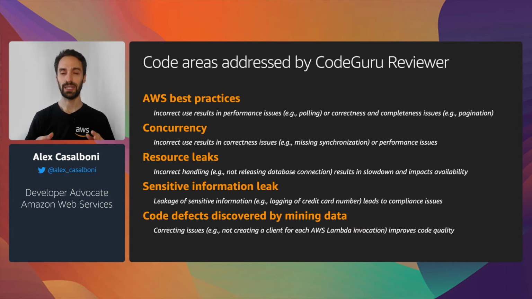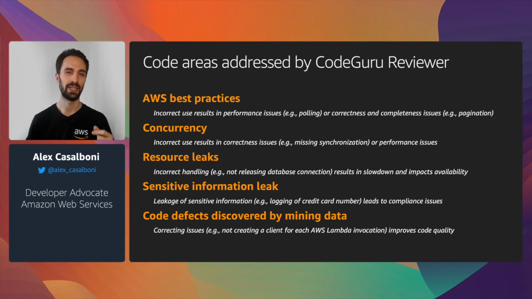So it's not just a static code analyzer, it's based on millions and millions of lines of code that at Amazon.com we write every year, basically. So it's based on history. You can integrate it into your versioning system and it will help you detect issues.